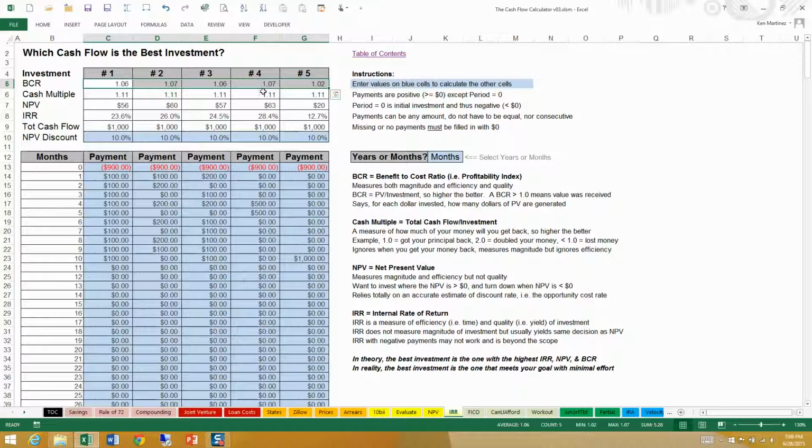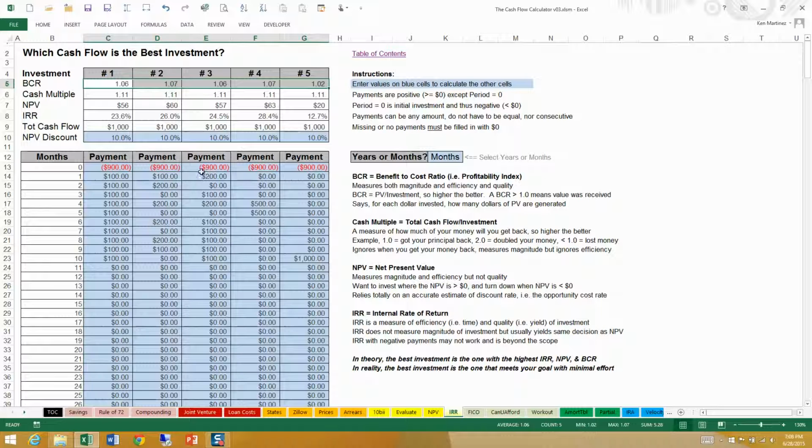In this case, you can see 2 and 4 are tied, so you need to go down to a tiebreaker like your internal rate of return or net present value. But the BCR is really the present value divided by your investment, so it gives you both magnitude and quality and efficiency. So this is actually a good measure too.